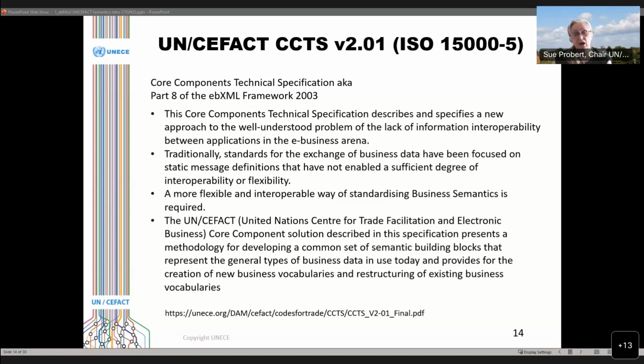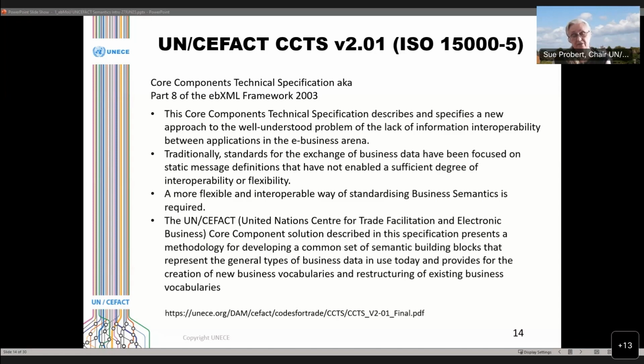This means that we have a lower level of classes which have no business context. They are built up over the years. Whenever anybody wants to add something they need in a business environment, we make sure that it is added to the underlying set of non-business context classes, such as person, address, transport equipment, that type of thing.